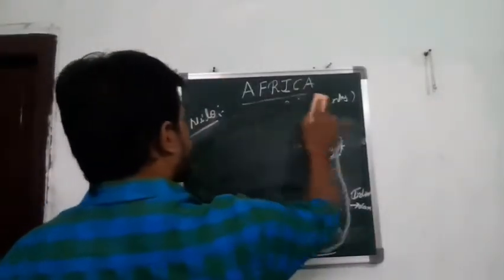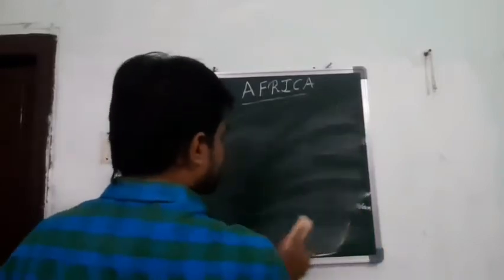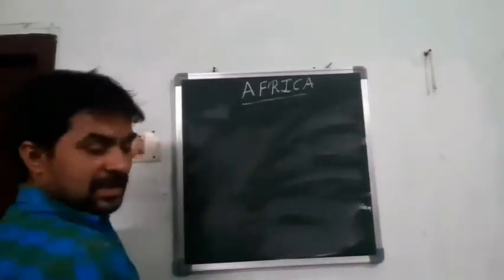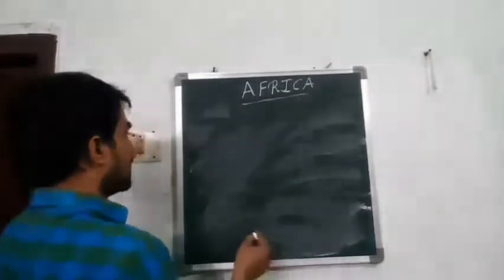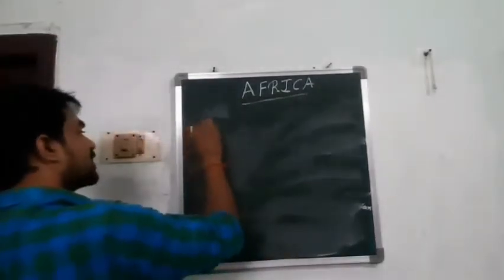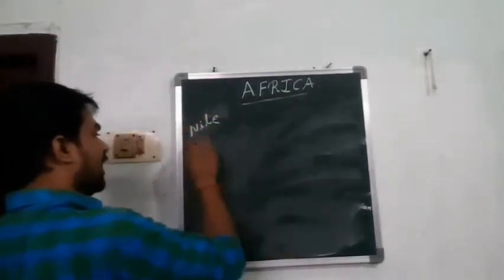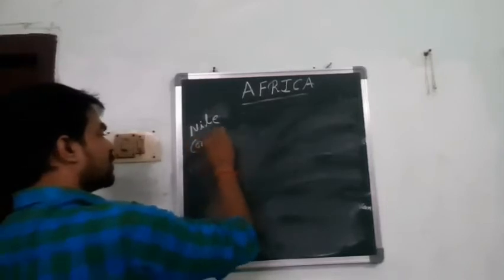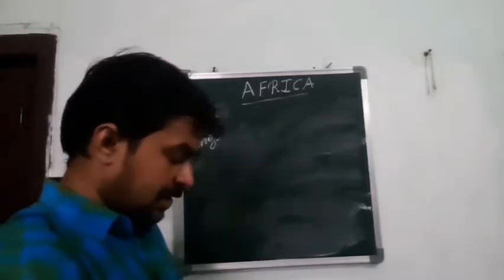So one more time, try to understand that. What are the deserts? What are the rivers? One is the Nile River, and one is the Congo River.